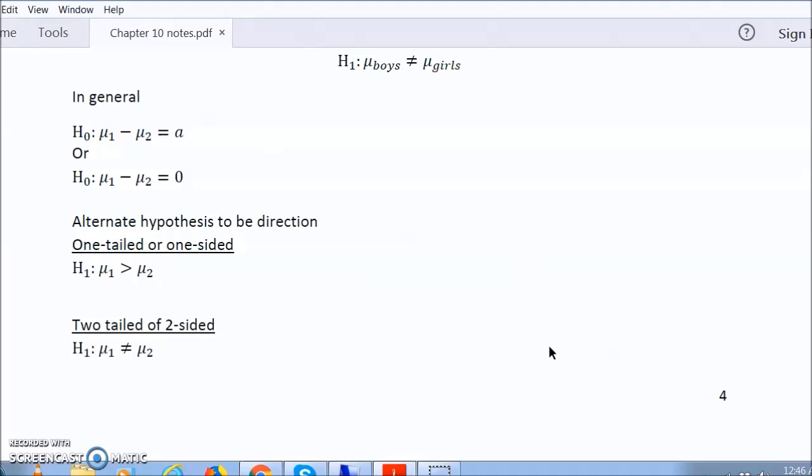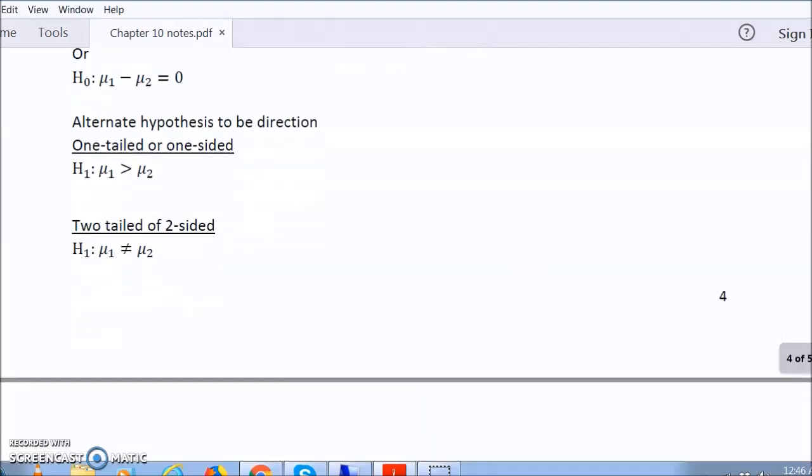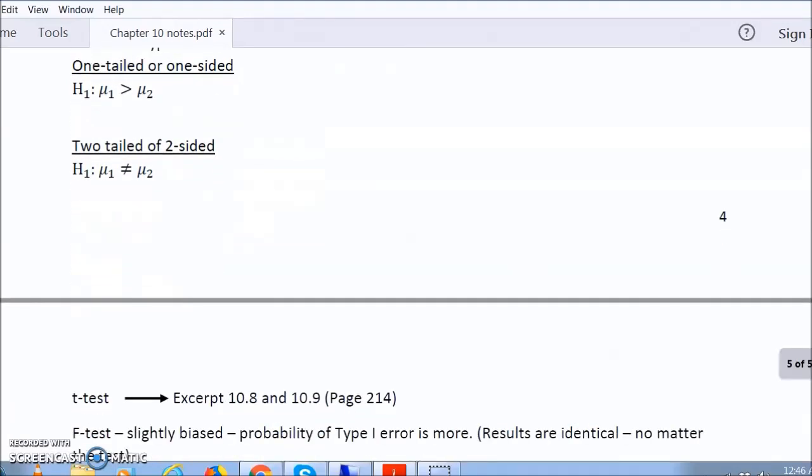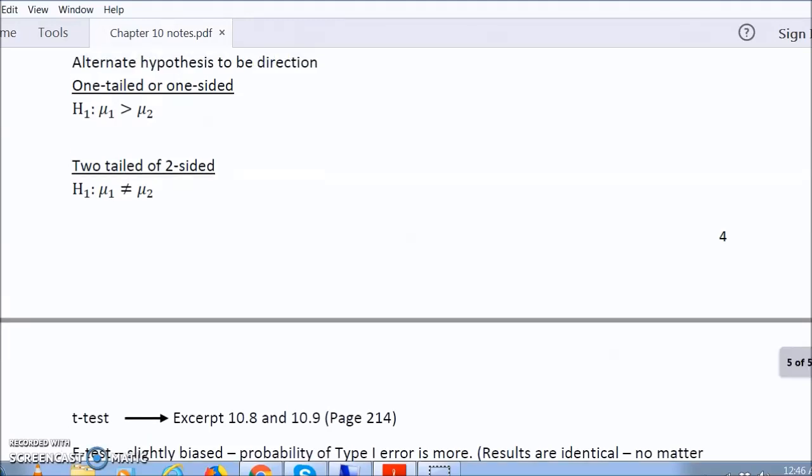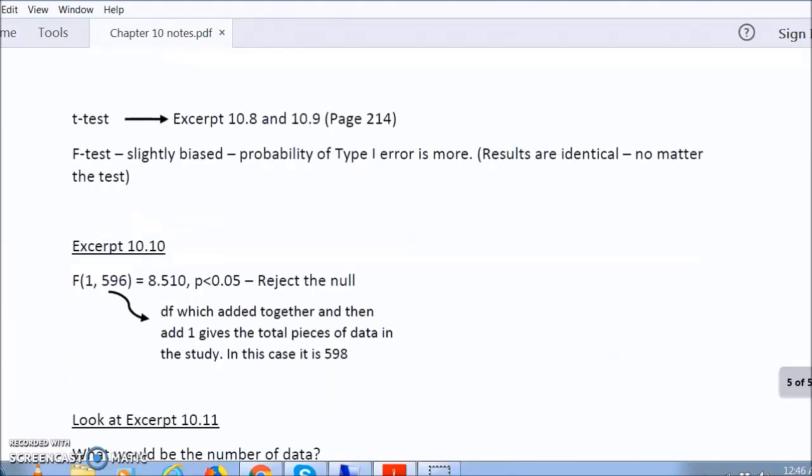A question you would ask right now is, why do we even need the alternate hypothesis to be directional, one-tailed or two-tailed? It is because the test that you do, your t-test, has different values for direction and non-direction in the table. You don't need to know how to find the value on the t-table, because that is not covered in your intro to research class.